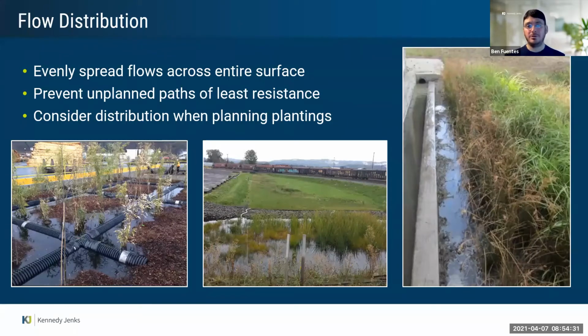So there's all sorts of different ways: natural channels, engineered channels, pipelines, just gravity, overland surface flow. Ultimately you're just thinking about, what are my goals? How do I want to distribute the water? Putting some thought into that, and aligning that process with your planting plan.